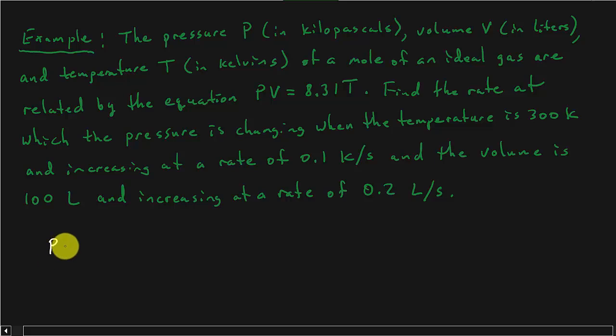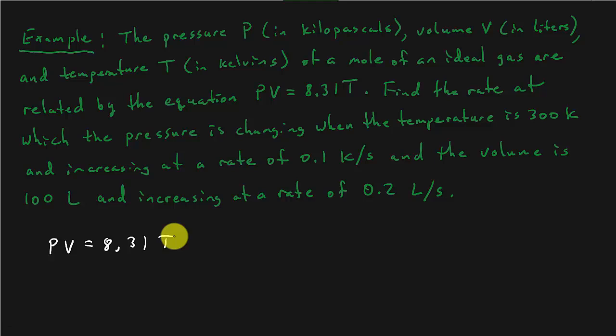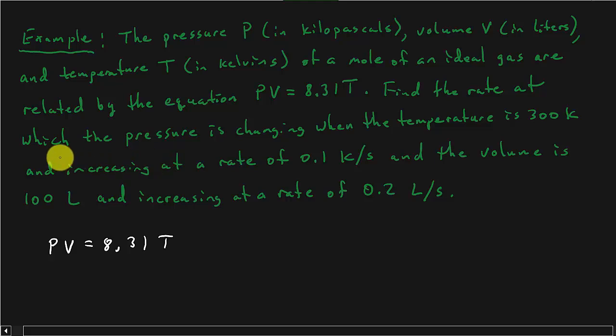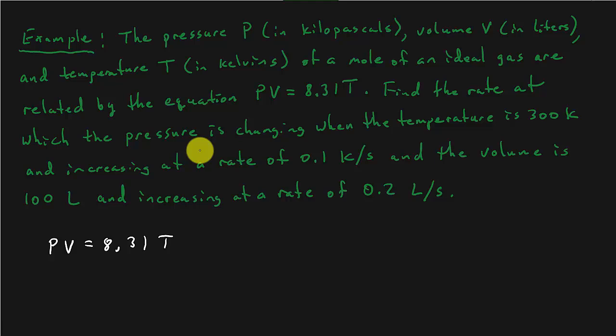We have P times V is equal to 8.31 times capital T. All right. And they tell us, let's see the information they give us. Okay. They want to find the rate at which the pressure is changing. So that's the change in pressure. So that would be dP dt is what we're looking for.